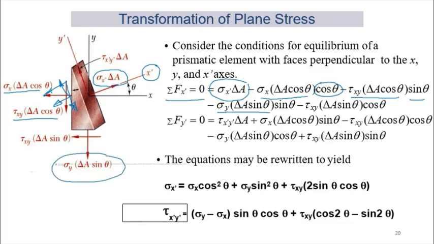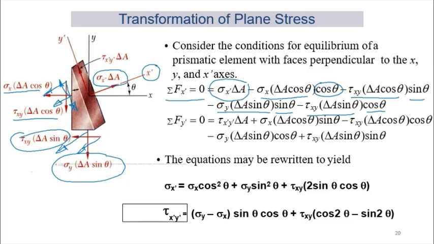And the component in the x direction will be sigma y delta A sin theta sin theta. And then we have the last load here, which is tau xy times delta A sin theta, and the component in the x prime direction will be in the negative direction. So it's minus tau xy delta A sin theta cos theta.